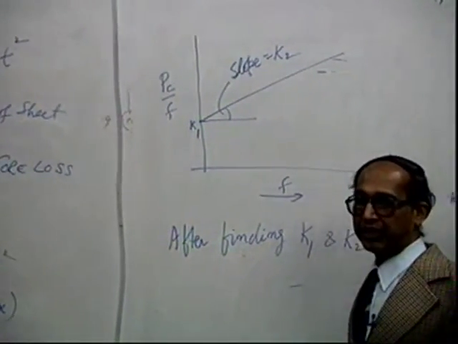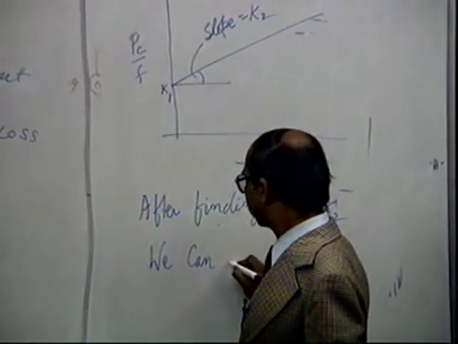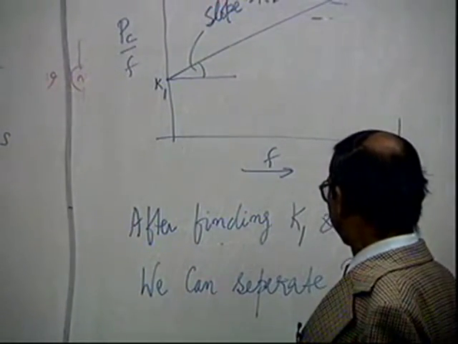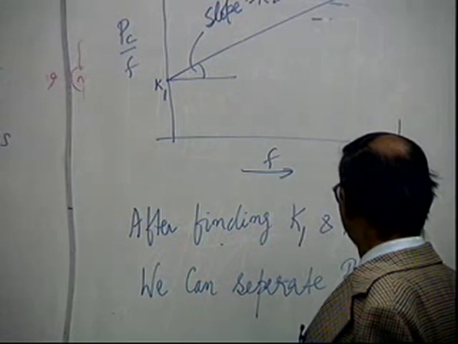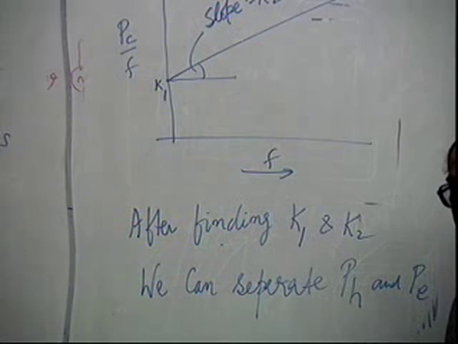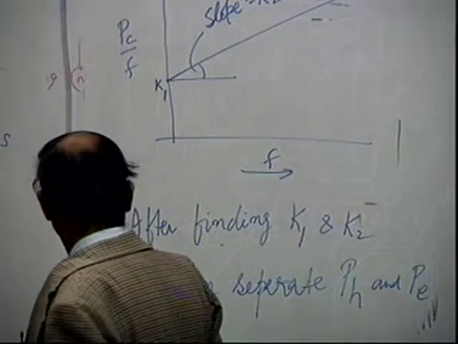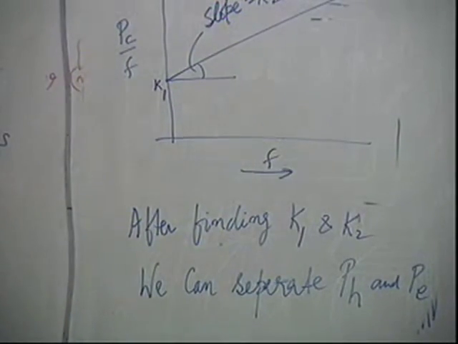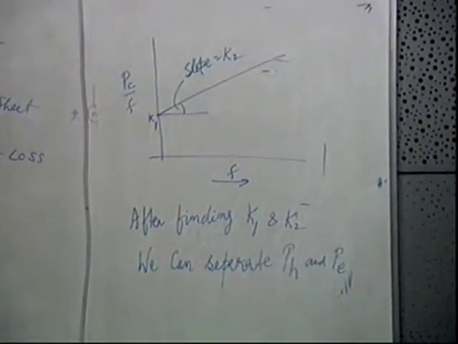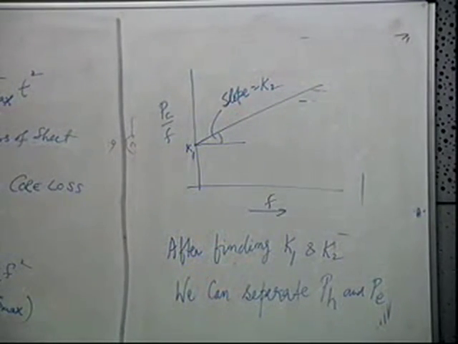After finding K1 and K2, we can separate PH and PE, and PH plus PE gives the total. So you can measure the loss for any given core at different frequencies and get this division done.